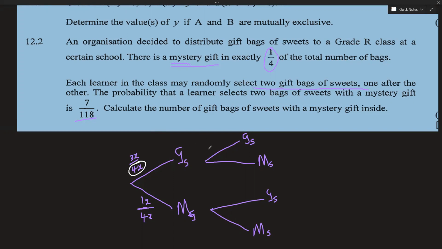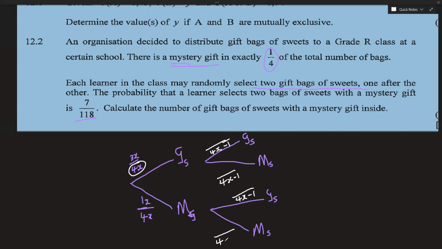Now let's do the totals quickly. The total was 4x, but we're going to be 1 bag short. So the total will now become 4x minus the 1 bag that we took. The total must be the same across.